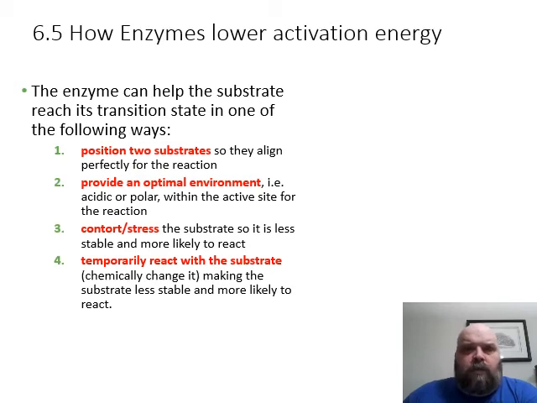Okay, let's focus a little closer on how enzyme active sites actually do function. I touched on the four things two lectures ago, but let's look at them a little more closely.